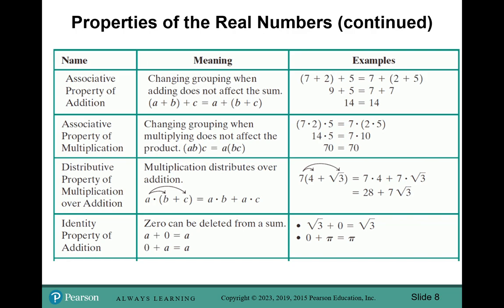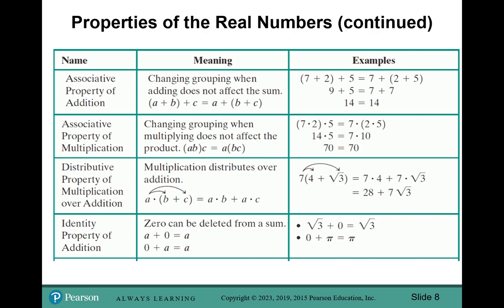If all you're doing is adding the terms, the final sum will come out the same. So (7 plus 2) plus 5 is the same thing as 7 plus (2 plus 5), because 7 plus 2 is 9, and 9 plus 5 is 14. And 2 plus 5 is 7, and 7 plus 7 is 14.